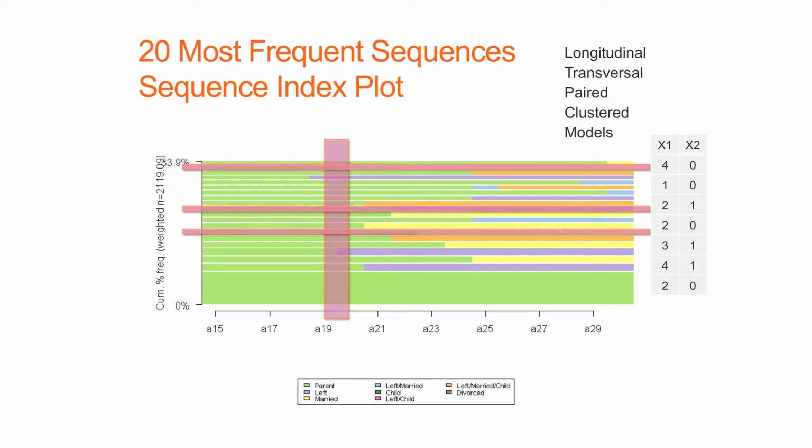Along the x-axis we have A15, age 15, all the way through age 30. Those are the ages for which the data were collected. It was a retrospective biographical study, so people reported.